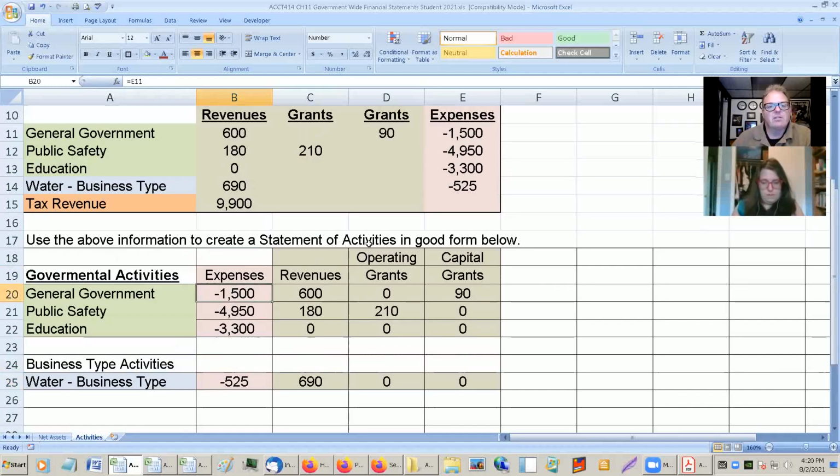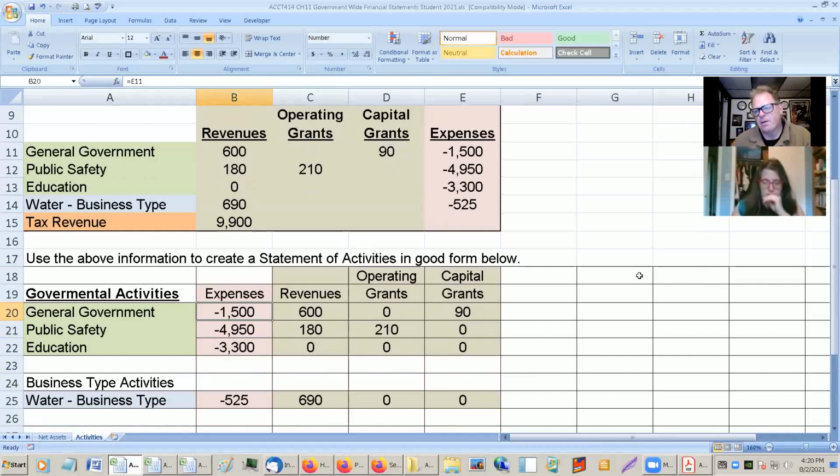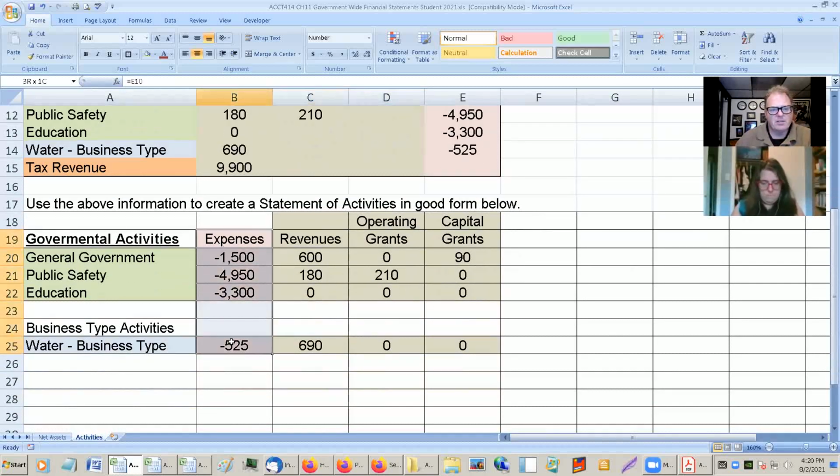All right, so we have the two. These are expenses, we have the revenues coming in.